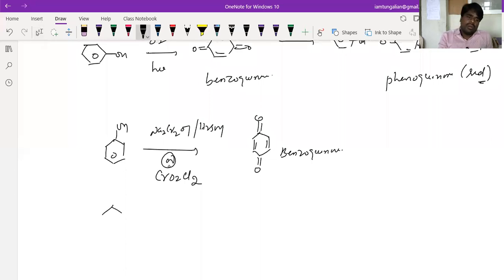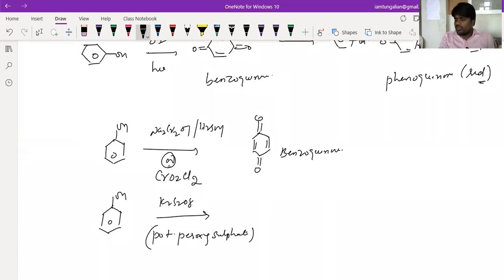Phenol will also be oxidized by a particular compound, K2S2O8. This is potassium peroxysulfate.